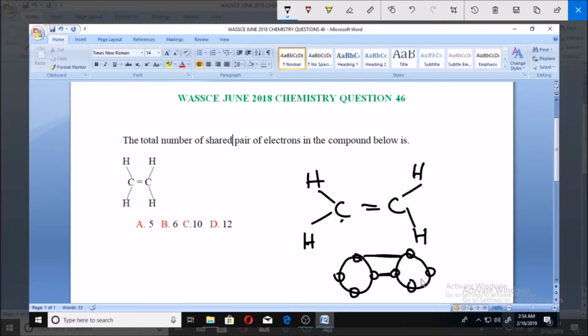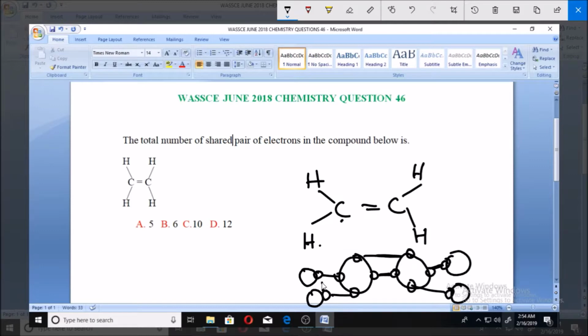Then for the remaining atoms, hydrogen is going to come here, this one hydrogen, and bond with this. Another hydrogen is going to come with this one valence electron and also bond with this. Whereas for these other 2 hydrogen, one is going to come here to bond with this, then this other one is going to come here to bond with this. So how many electrons are involved in all this bonding?